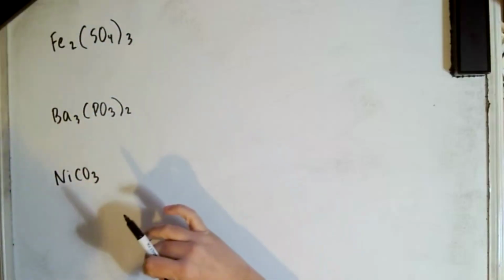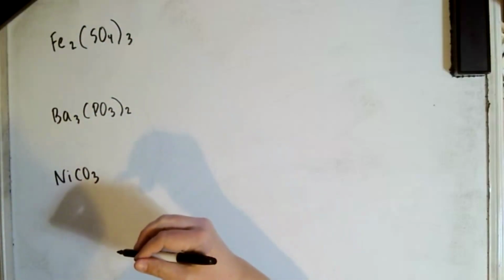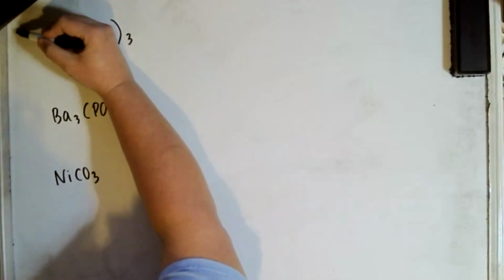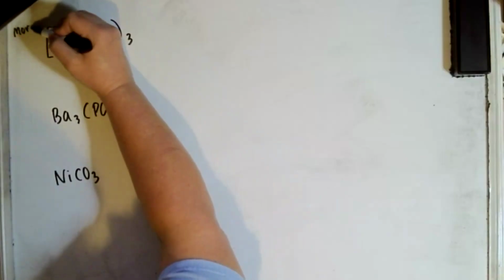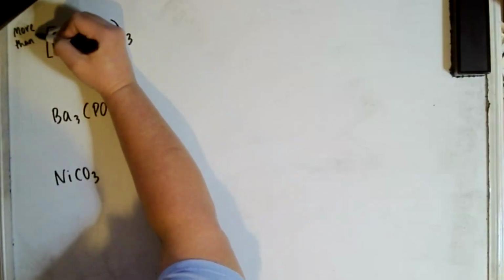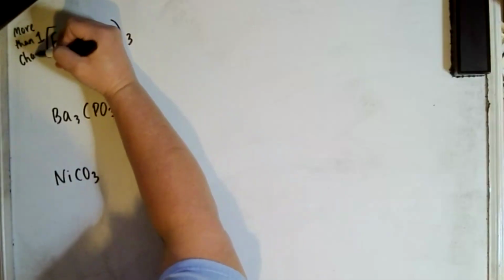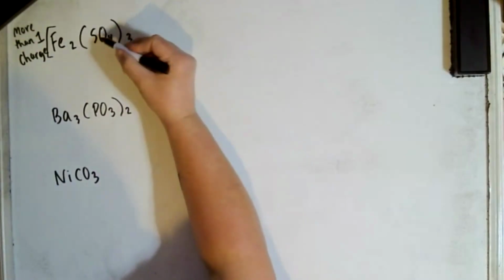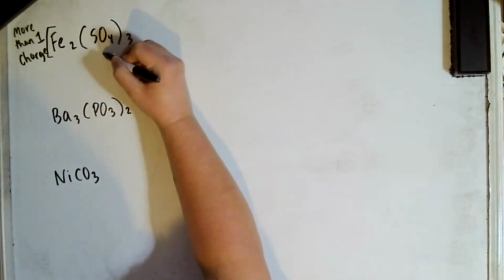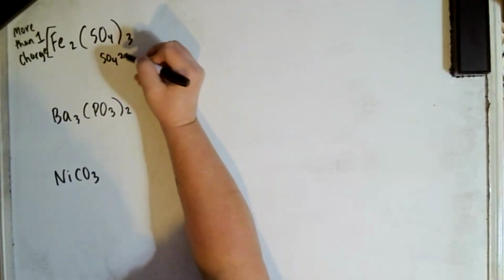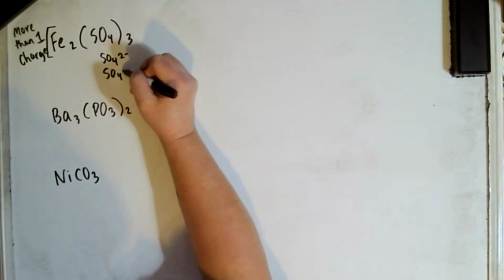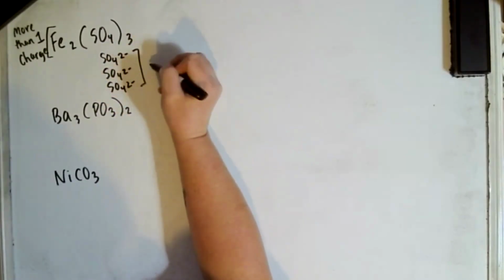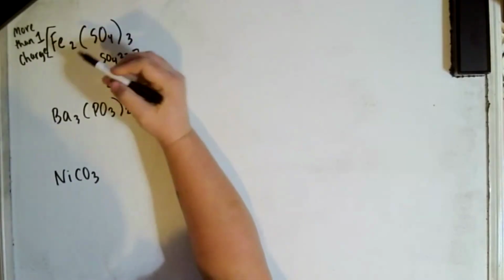So again, we're going to start each of these by identifying whether our metal has more than one charge. Iron definitely has more than one charge. So we're going to have to figure out its charge before we can name it. We have 3 sulfate ions. Each sulfate ion is going to have a -2 charge. So the total there is going to be -6.